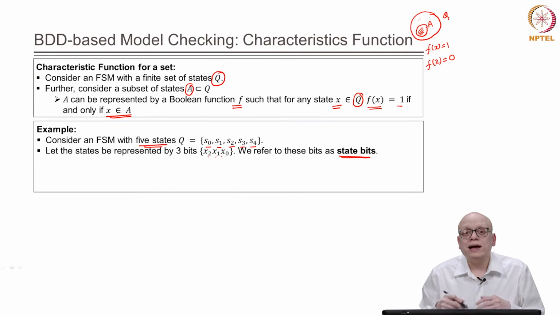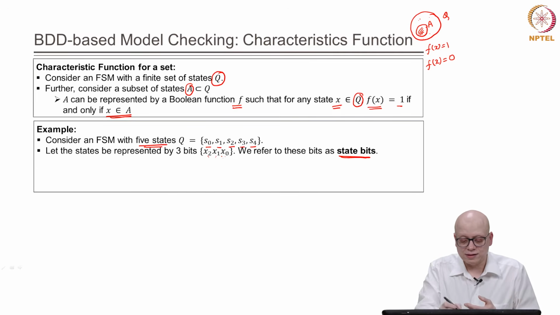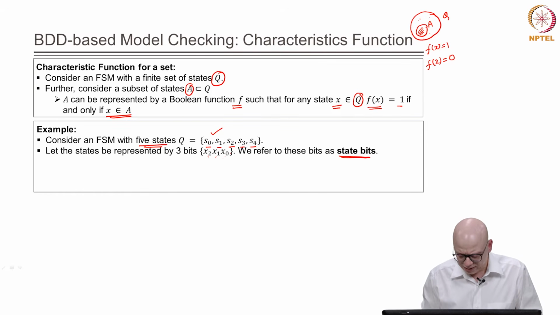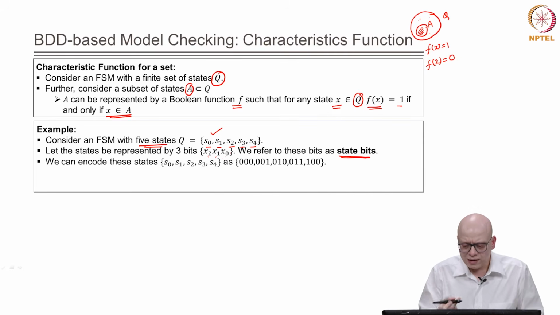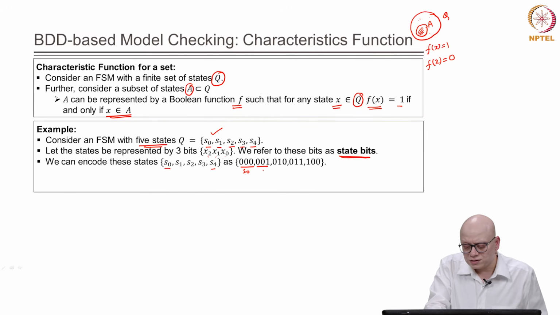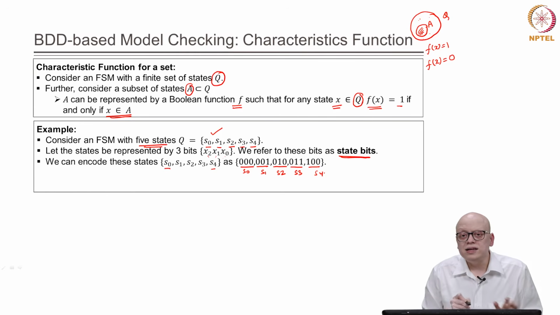Now, we will do an encoding of these 5 states using these three bits. There can be multiple ways to do the encoding. We take one example, just for the sake of illustration. Let us say that we have encoded S0 as 000, S1 as 001, S2 as 010, S3 as 011 and S4 as 100.